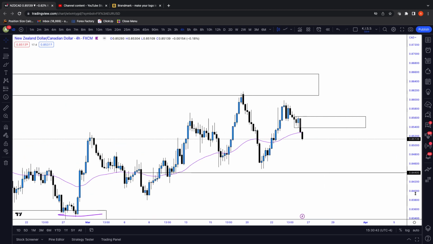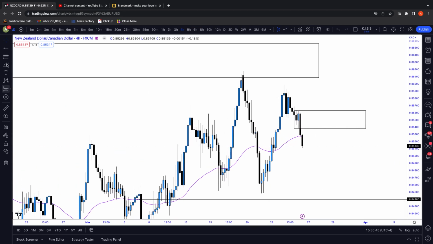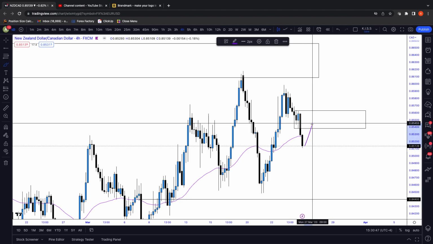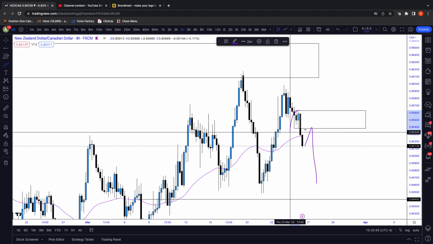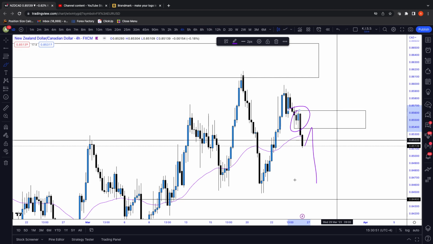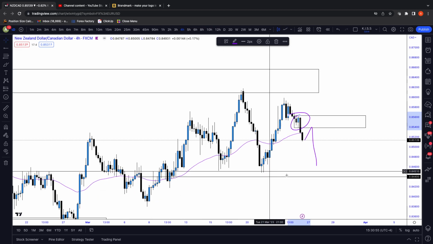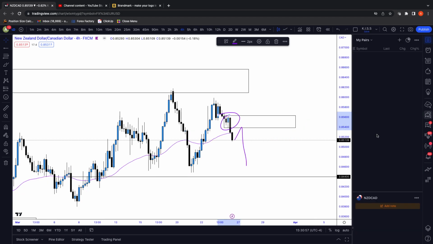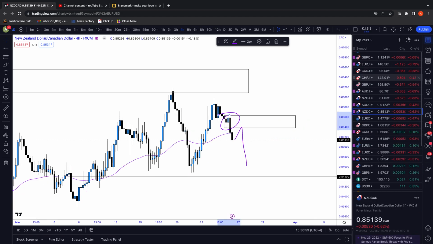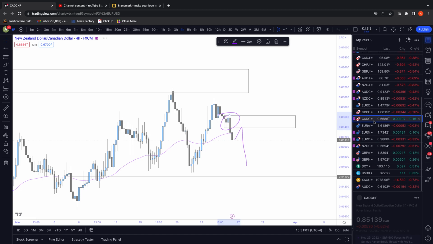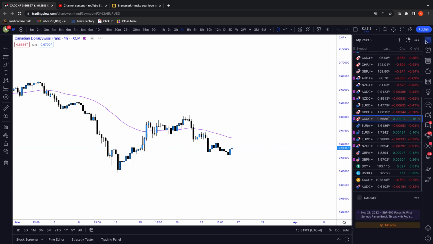In this instance, if we can just get a quick little pullback up into our up close here, supply, then I would look for follow through back down to the downside, running out previous low. So similar type of situation there on NZD CAD.